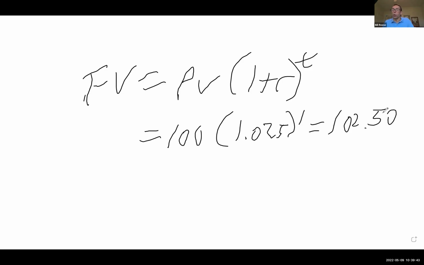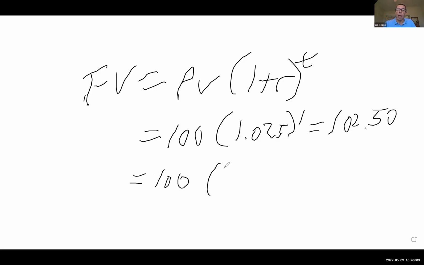For our 1-year treasury, same formula: future value is present value times 1 plus R to the T. We've got our present value of 100. Now it's 2 semi-annual periods, and 2.6% is the semi-annual yield on that. 5.2% annually is 2.6% semi-annually.